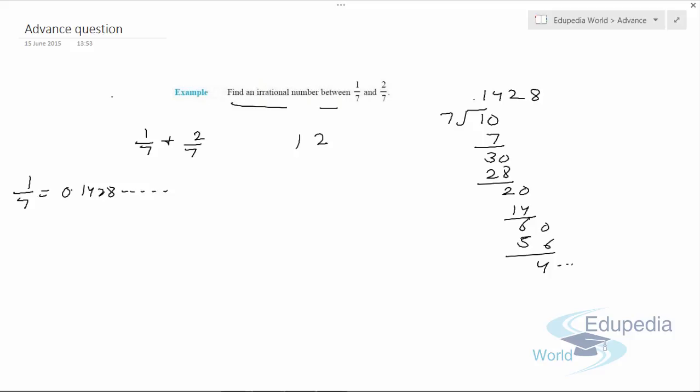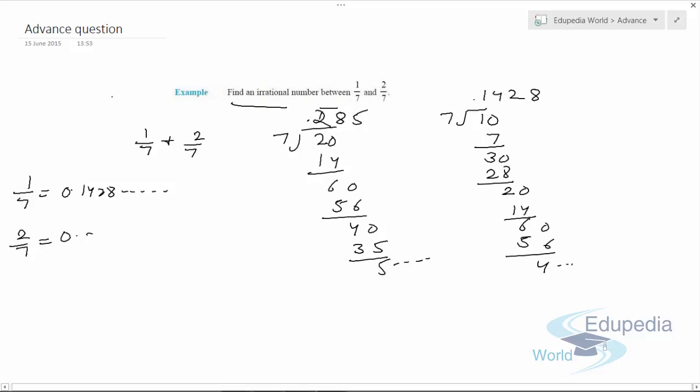For 2 by 7 we can write like this: decimal, 0, then 7 twos are 14, 6, 0, 7 eights are 56, then 4, 0, then 7 fives are 35, then 5, it will go on. So 2 by 7 can be written as 0.285.